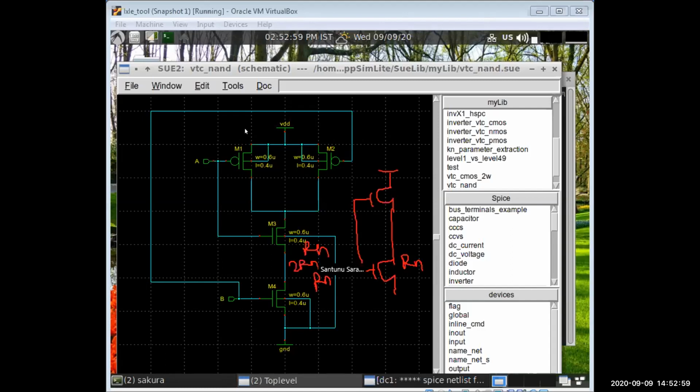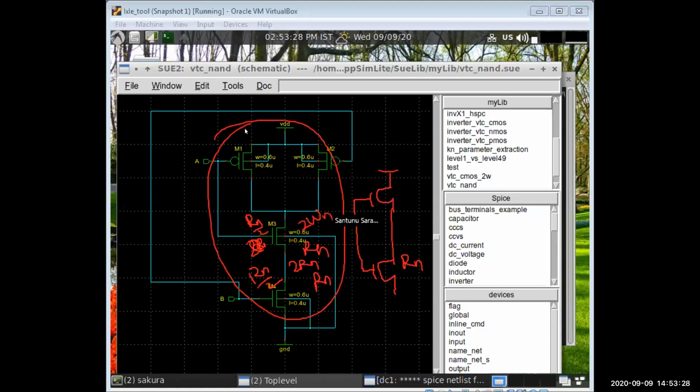So if you make this as an inverter, definitely you have to make it Rn by 2, and this is Rn by 2. So overall the equivalent resistance will come Rn, so it will act as an inverter. So for that you have to make the W 2 Wn, here also 2 Wn. And this is the same, that is Rp, that is Rp.